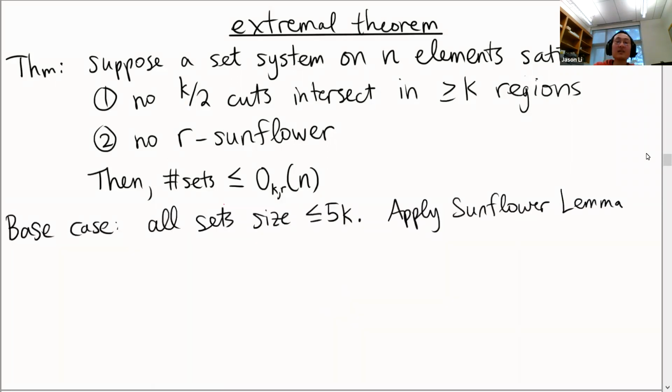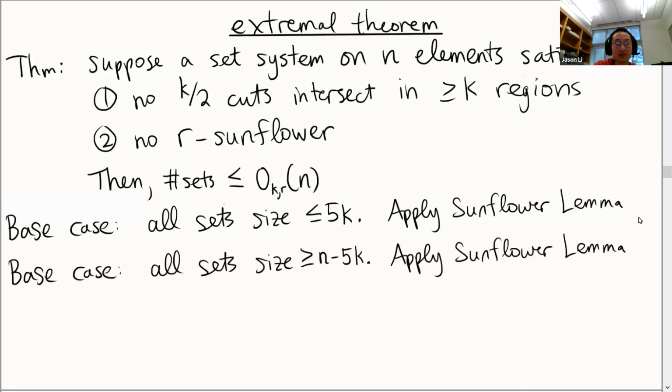So in the base case, suppose all sets have size at most a constant, let's say 5k. In that case, we only need property 2, that there's no R sunflower, so we can just apply the sunflower lemma and get a linear number of sets. The second case is, suppose all sets have size more than n minus 5k.